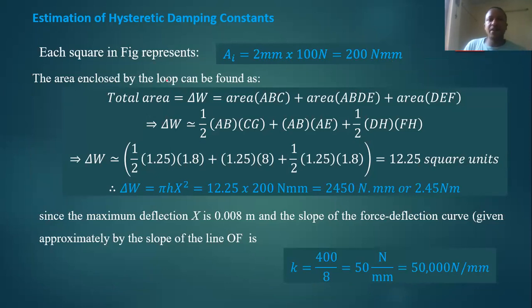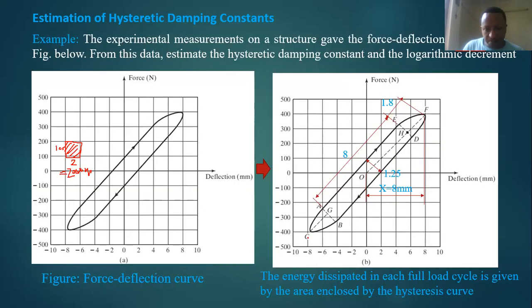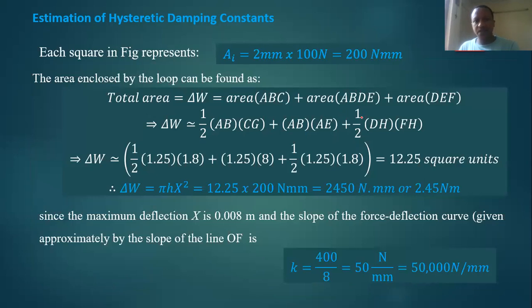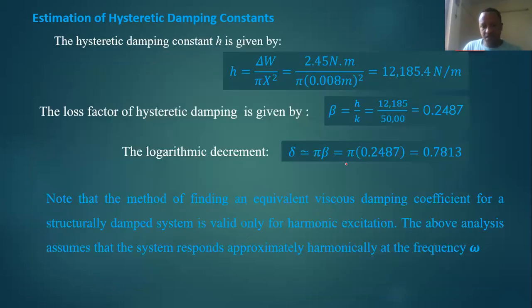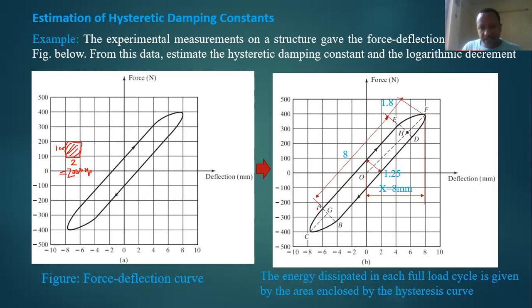The area enclosed by the loop can be found by summing all the areas. Total area is equal to delta W, which is equal to area of ABC plus area of ABDE plus area of DEF.